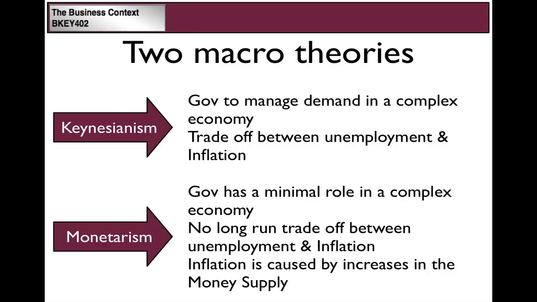Okay, Keynesianism. The notion here was that the government had an important role in a complex economy, that the government had to manage demand in the economy. And one of the key understandings in Keynesian macroeconomic theory is that there's a trade-off between unemployment and inflation. If inflation goes up, unemployment goes down, and so on.